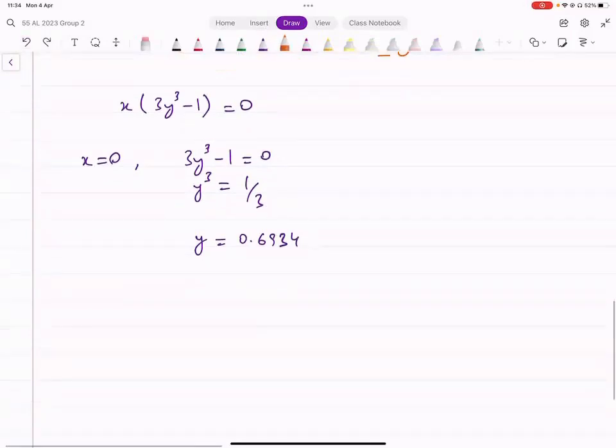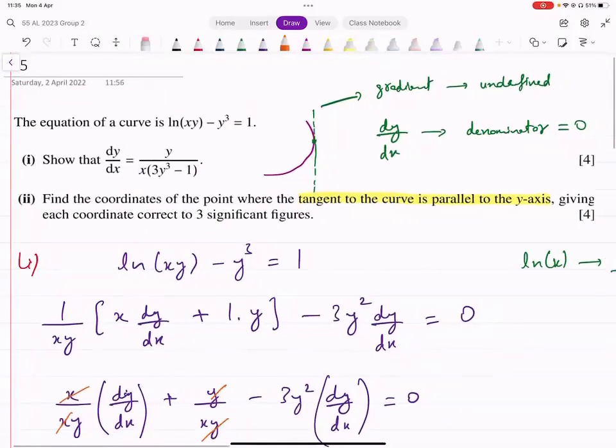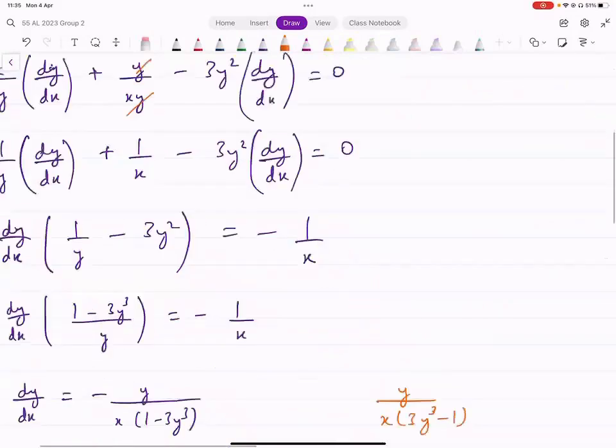Now, does that give us this point 0 and 0.6934? Is that the point we're looking for? No, why not? X is not 0. How do we know x cannot be 0?